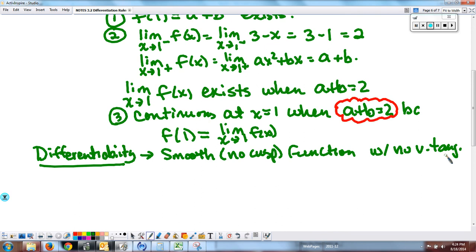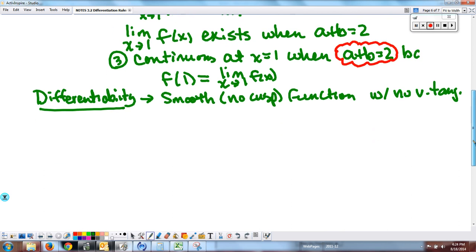We already don't have to worry about discontinuities because I just proved that it was continuous everywhere, provided that a plus b equals 2. So I want to make sure that I'm smooth, have no cusp, and have no vertical tangents, which means I basically just want to make sure that the derivative exists.